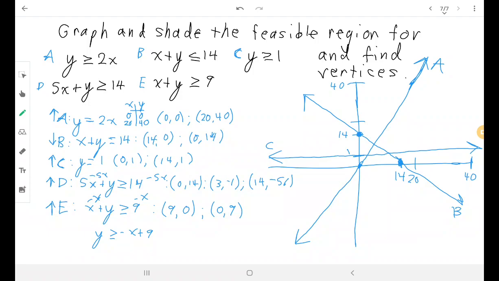So, well, let's do approximately 3 and approximately -1. Put that 3 in a bad spot. 3 and -1 would be right there. And 0, 14, so it would look like that, and like that.